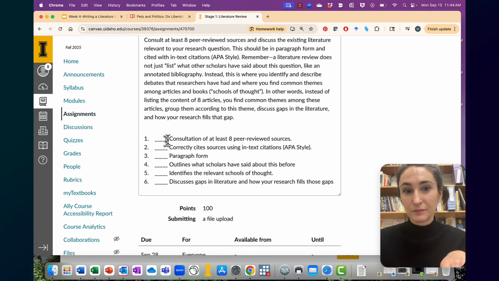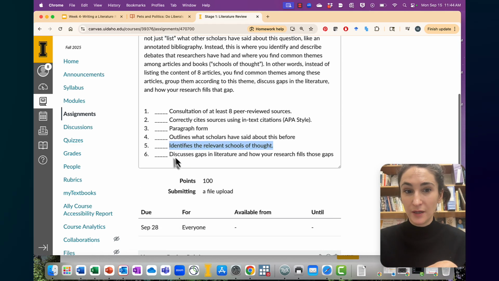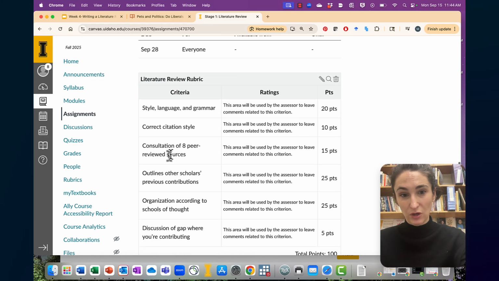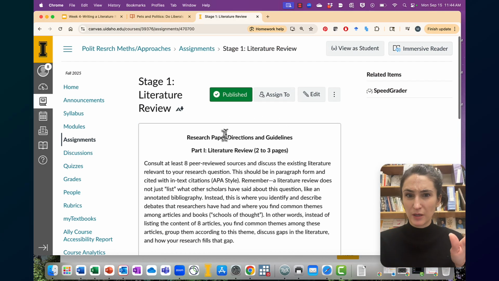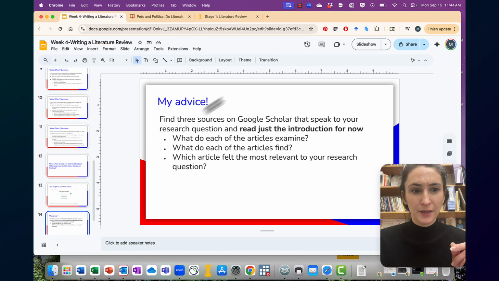So look: consultation of 8 sources, correctly cited using APA, paragraph form, outlines what other scholars have said before, identifies relevant camps or schools of thought, and then you discuss the gaps. And this is also mirrored in the rubric itself, okay? So I just want to put that on your radar.